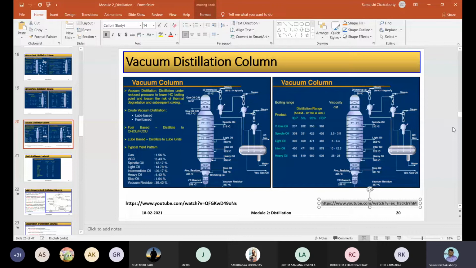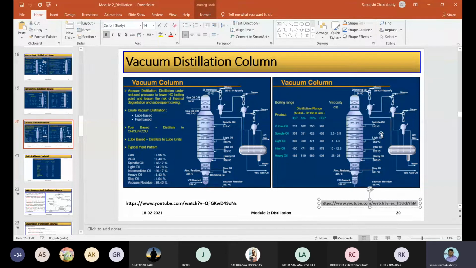I have told you that whenever we are dealing with petroleum fraction at a very high temperature, there is a chance that it may thermally degrade. You won't be able to produce much valuable petroleum product. So that is what you need to look at. The ranges that I have reported here are all reported at atmospheric pressure.